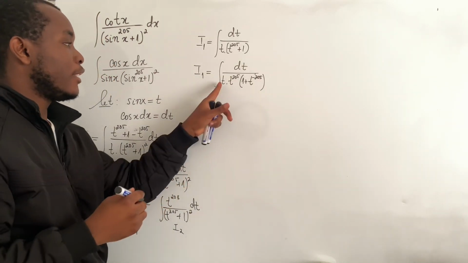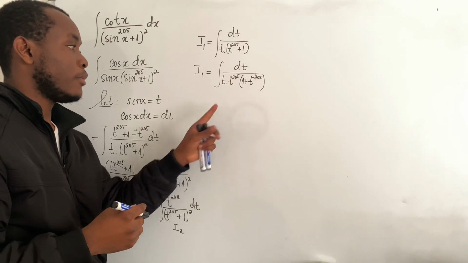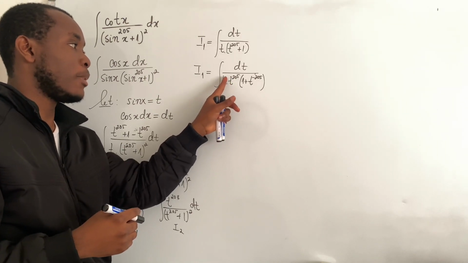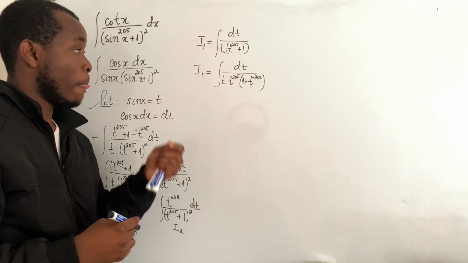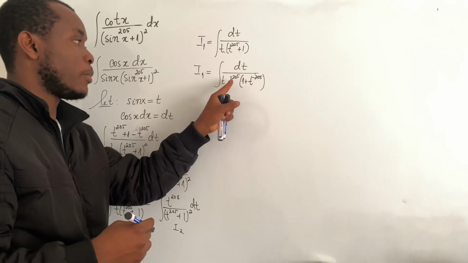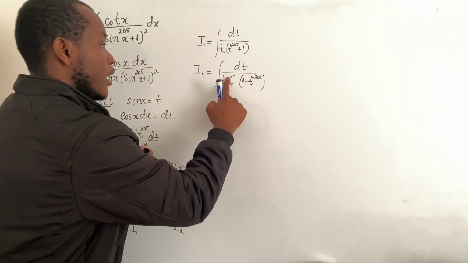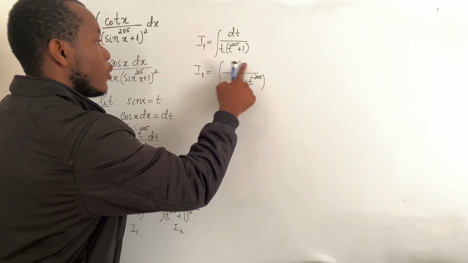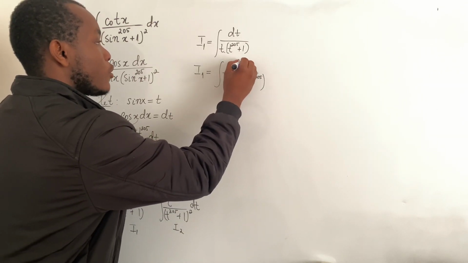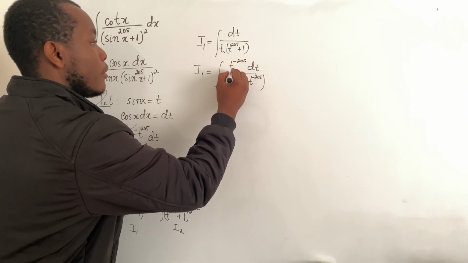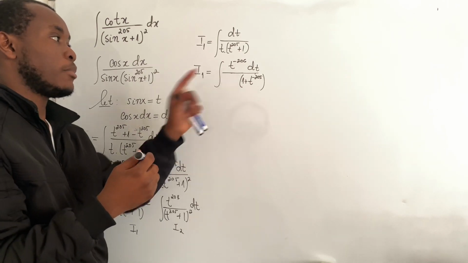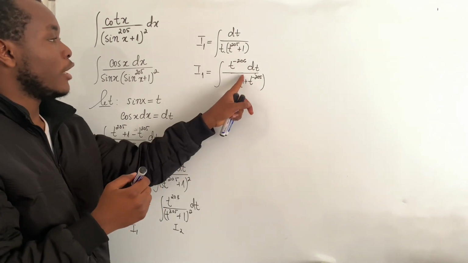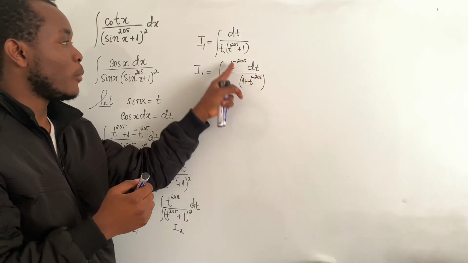And t times t to the power 205, same base, we can keep the base and add the exponent, which will be 206. And since it's 1 over t to the power 206, it's the same as writing on top t to the power minus 206 dt. Because this goes back, it's the same as 1 over t to the power 206, which comes here. Now, if we look, if we differentiate our denominator, we get the numerator.